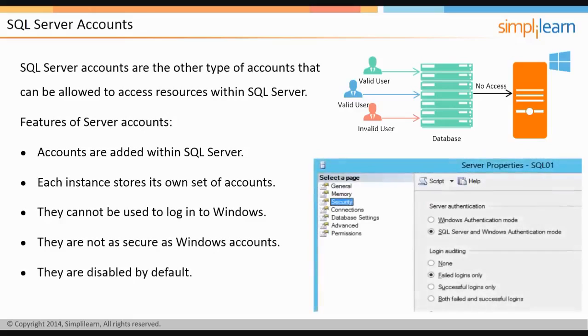The first is when you are installing the SQL Server instance itself. During this stage, you can enable mixed mode authentication. You can also do the same in the server's properties window after the installation. Mixed mode authentication refers to the fact that you can use both Windows accounts and SQL Server accounts.